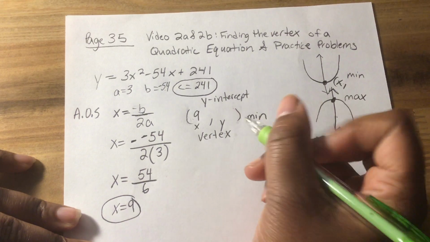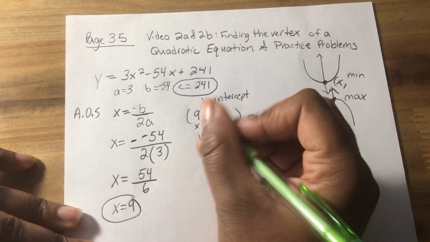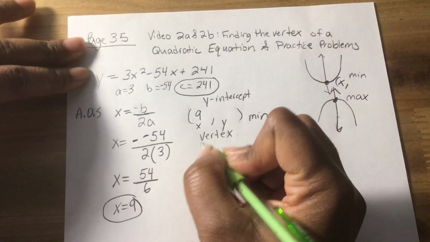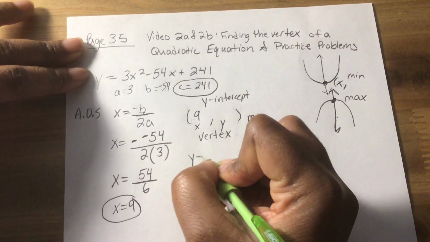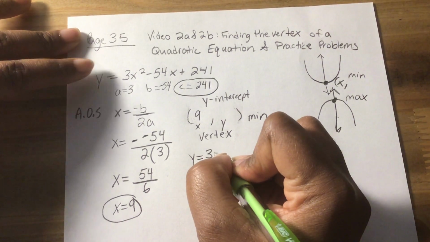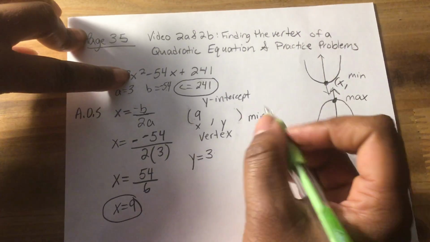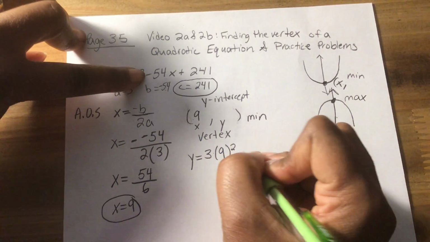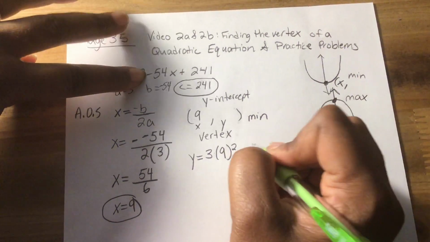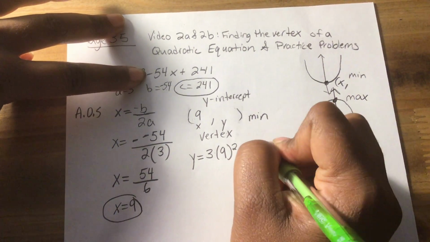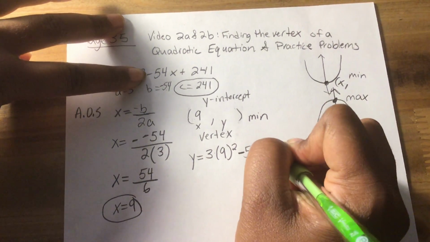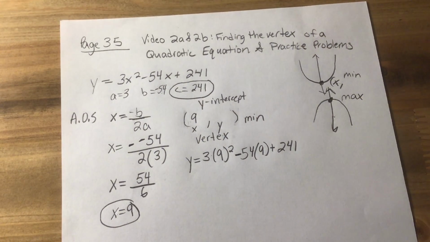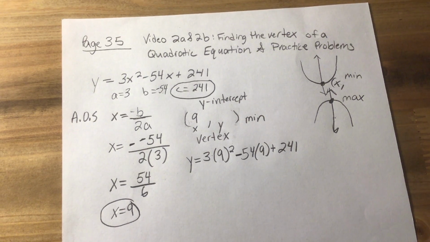So in order to find the y value of your vertex, you're going to take your equation and plug in 9 for x. So y is going to equal 3 times 9 squared, minus 54 times 9, plus 241.